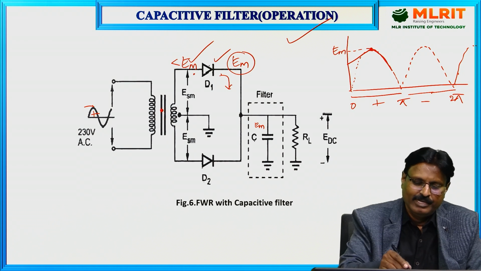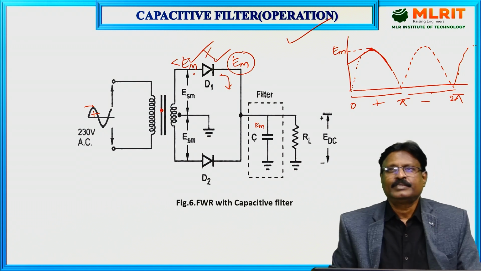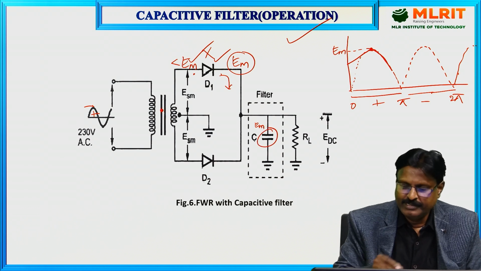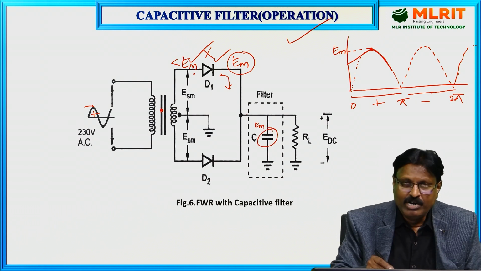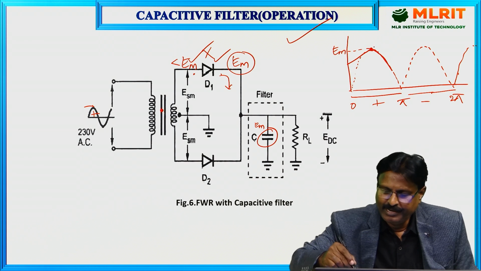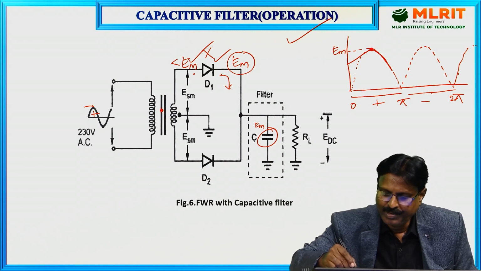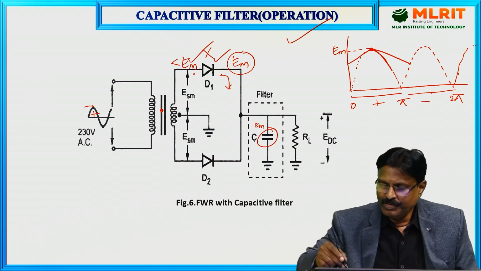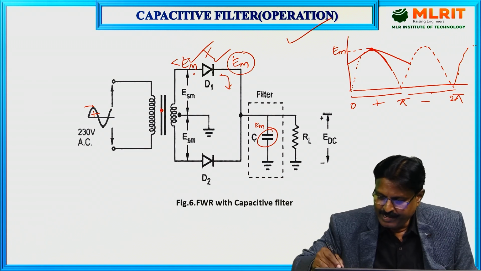Diode will be reverse bias. Whenever the diode is reverse bias, this capacitor starts discharging. So as you can see here, from here onwards, the capacitor starts discharging like this. So it will be discharged in this manner up to here.